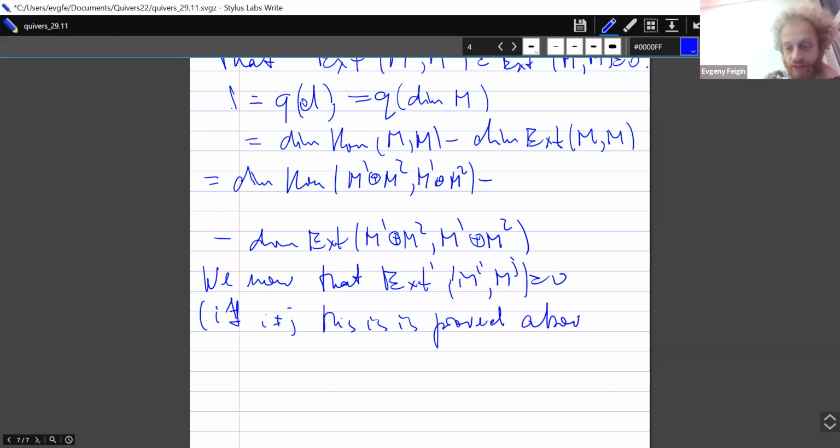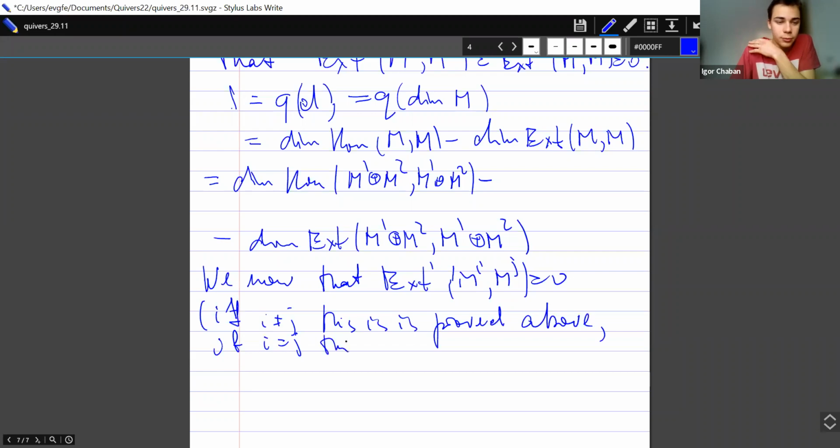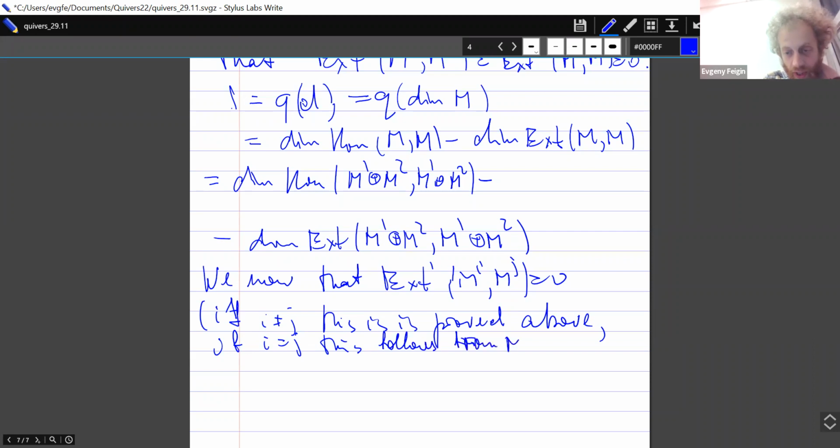And what happens if i is j? For indecomposable, it should be 0, you're right. This follows from Mi being indecomposable. So this is 0.